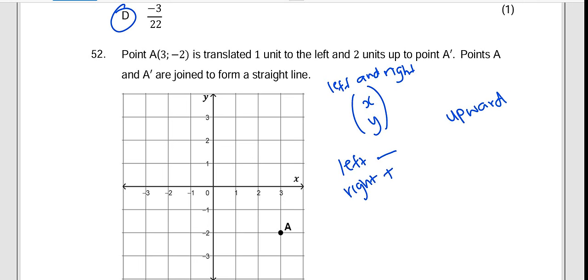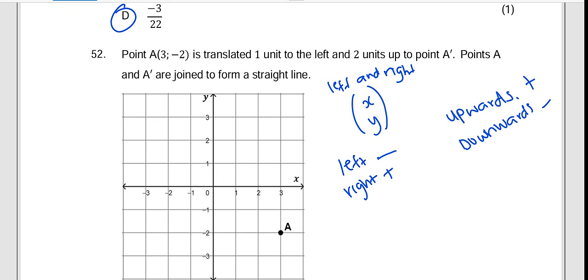Upwards with plus, downwards with minus. So A is translated 1 unit to the left and 2 units upwards. So what is the answer?